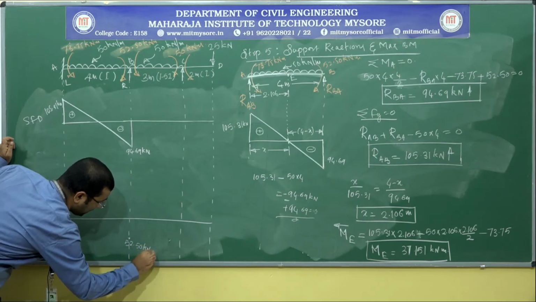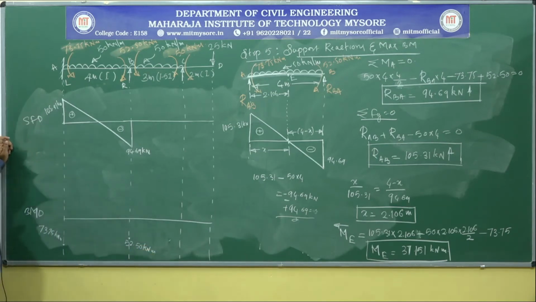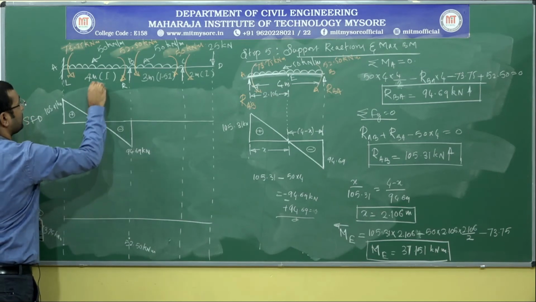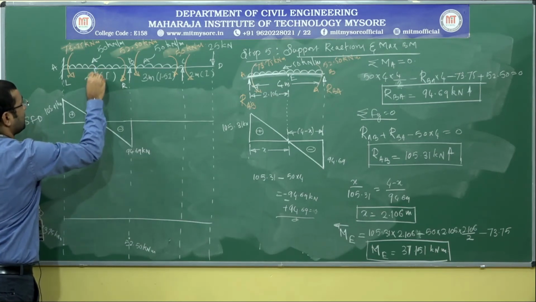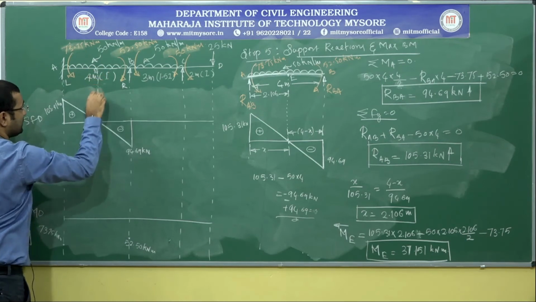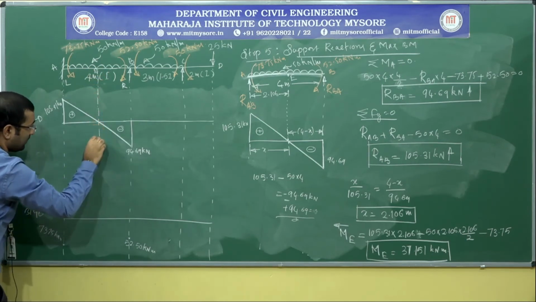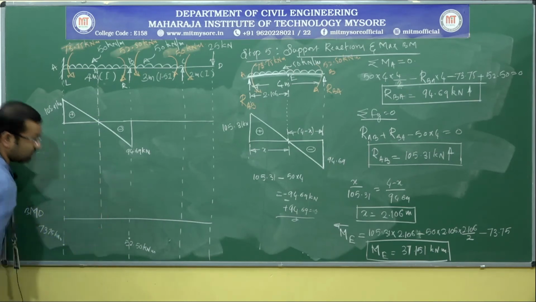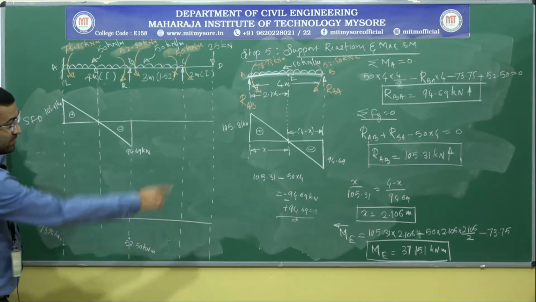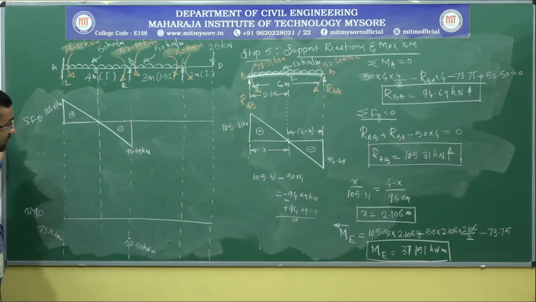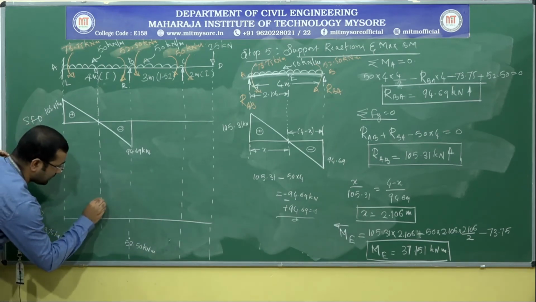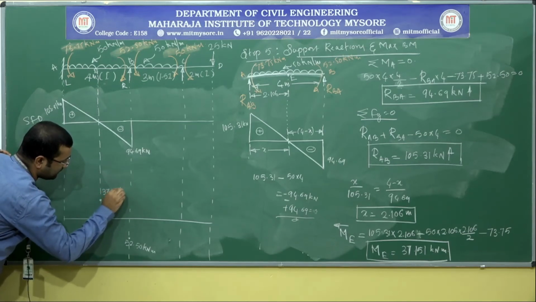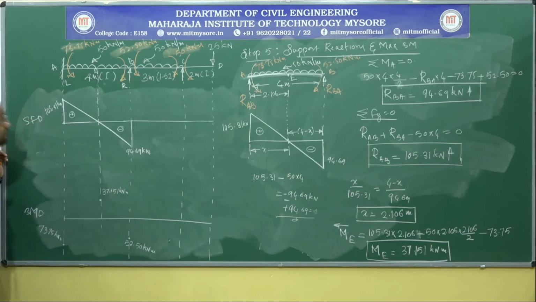It is 52.50 kilonewton meter. Now somewhere here at a zero shear force, that is at point E, we found that the bending moment is maximum and it is positive. So that is, as per our calculation, 37.151 kilonewton meter.